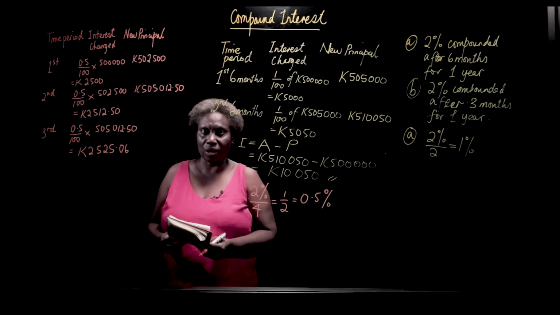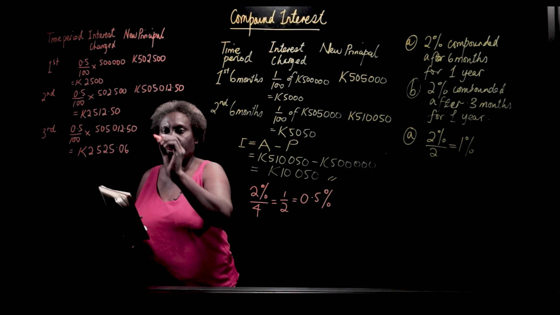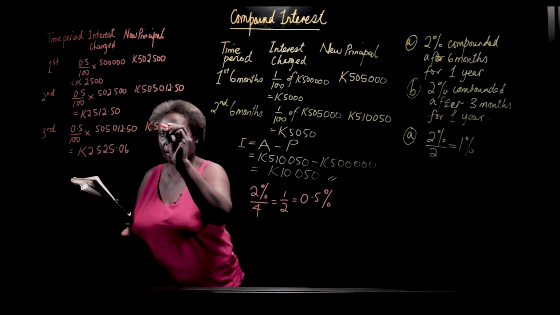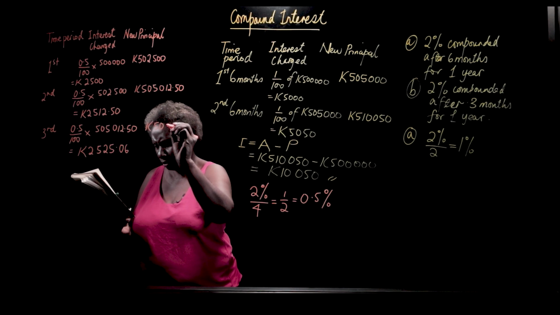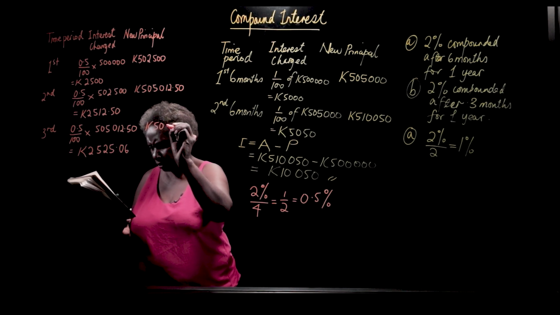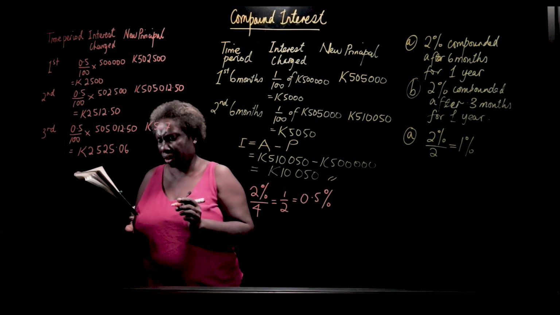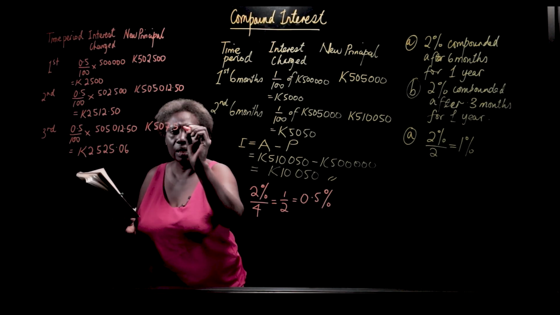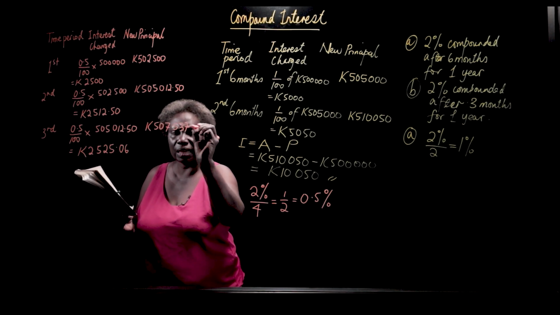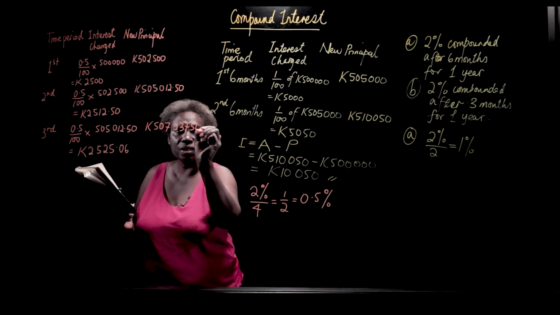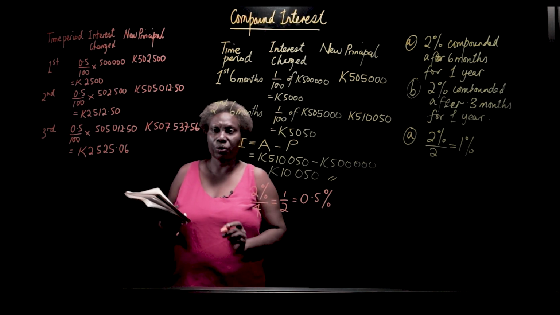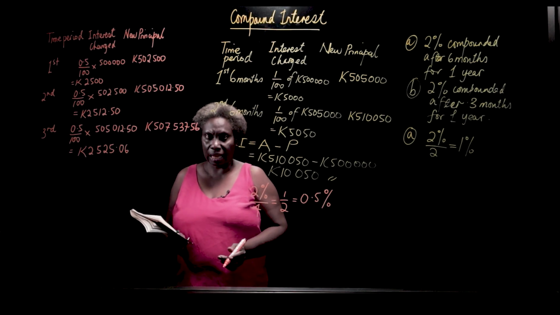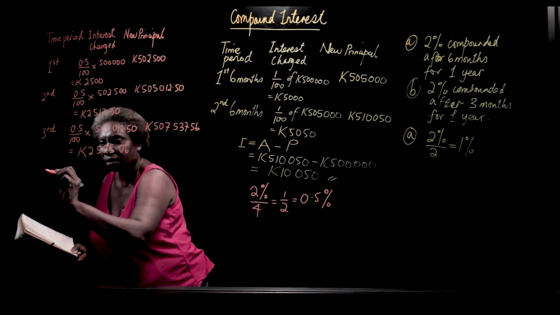The new principal after the third quarter is 507,537 kina 56 toya.